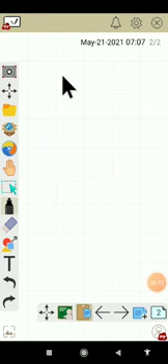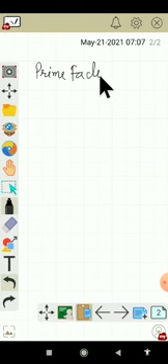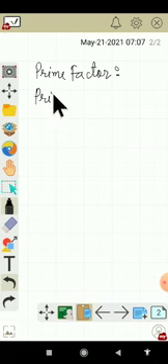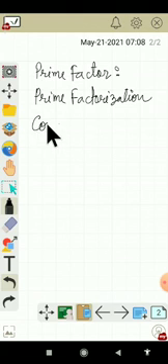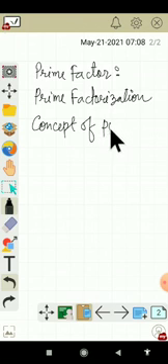Today we will learn about prime factor, then prime factorization, concept of power, composite number.